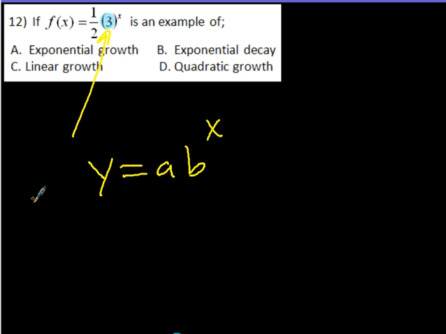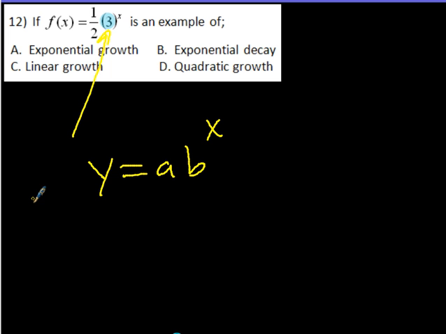An exponential equation is an equation where x is the exponent. That's why it's called exponential. So, is it growing or shrinking? We get the growing or shrinking part from the number that's being raised to the power, the base. The base is 3. If it's greater than 1, it's growth. That comes from our y equals a times b to the x, the parent basic equation for exponential.